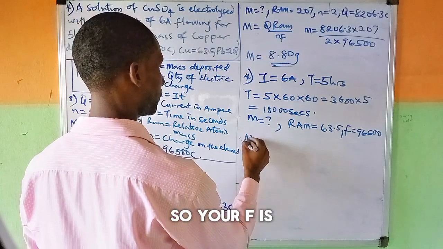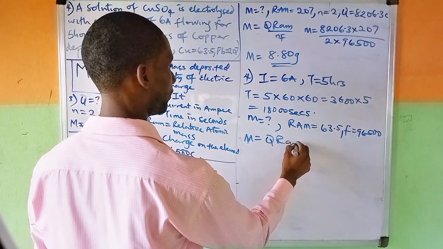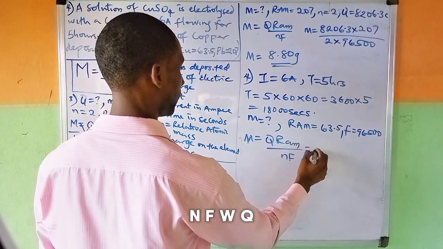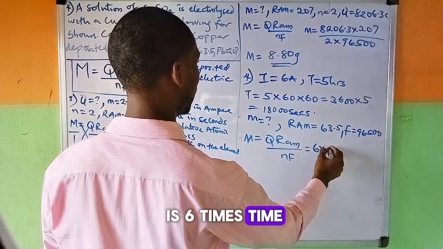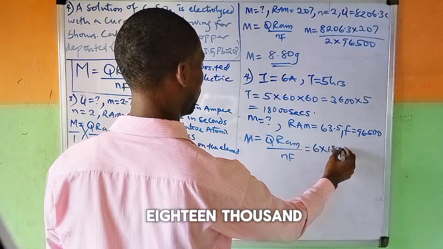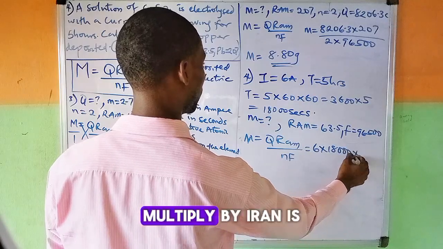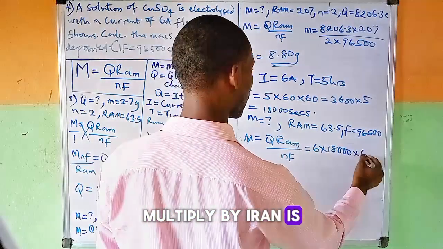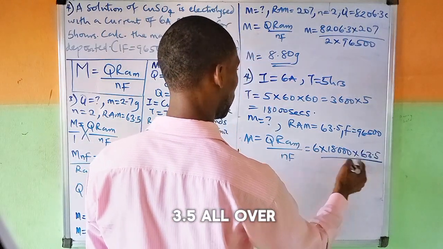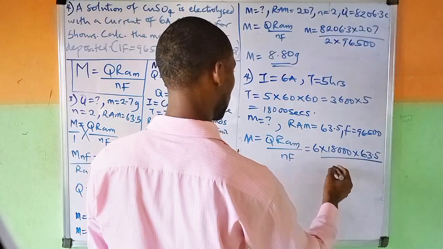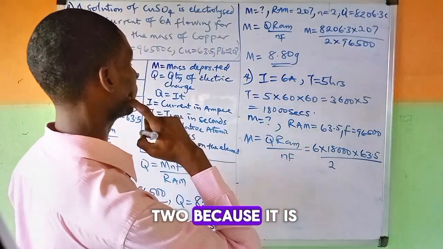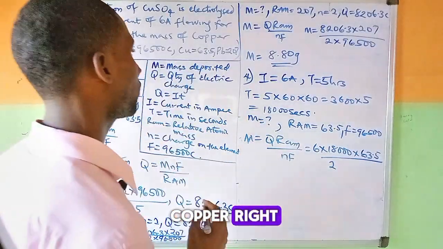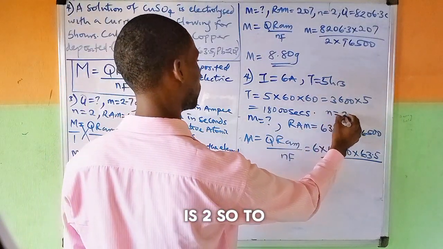So your M is Q times RAM over N F. Your Q is I T, that is 6 times the time, 18,000, multiplied by the RAM, 63.5, all over the number of charges, 2, because it is copper, so our N is 2.